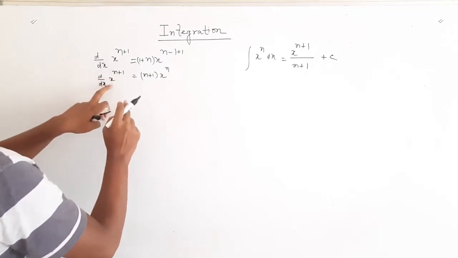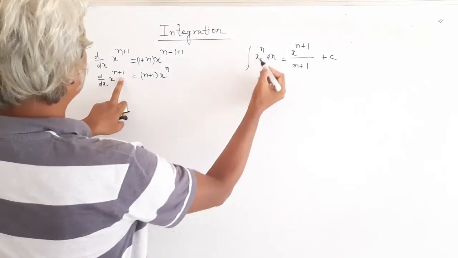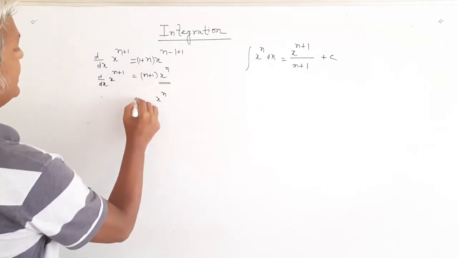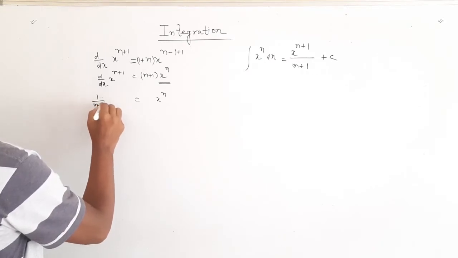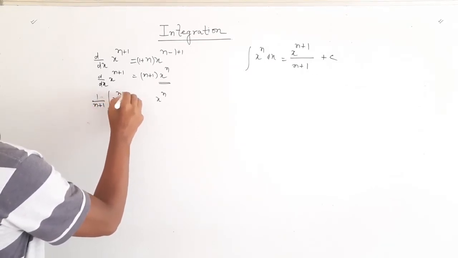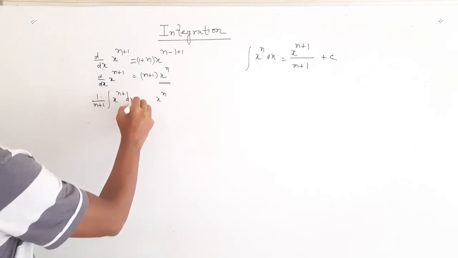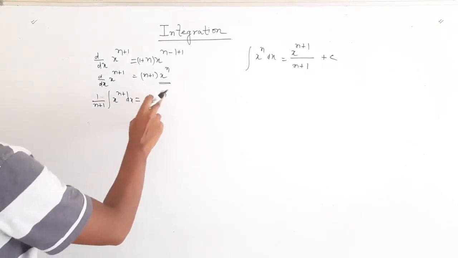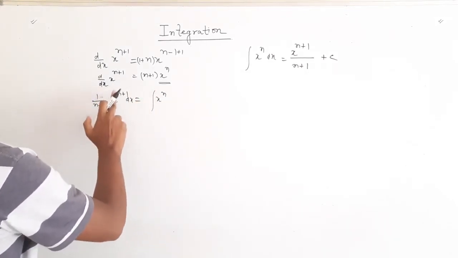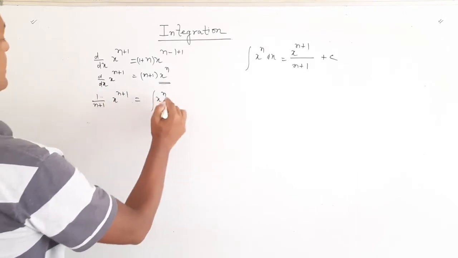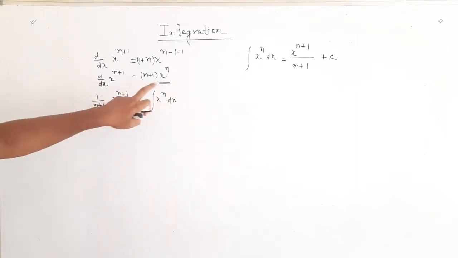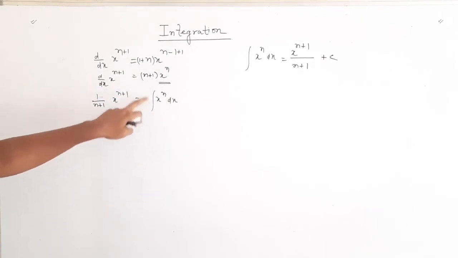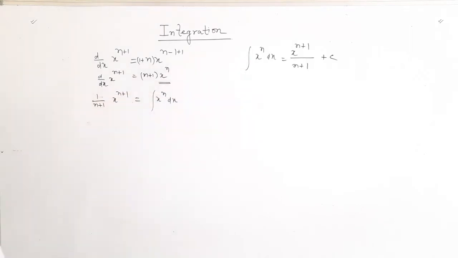Then the integration of x to the power n, you can take it as 1 by n plus 1 times the integral of x to the power n plus 1 dx. Differentiation is cancelled because we are applying integration, and this n plus 1 comes down. So this is this formula.